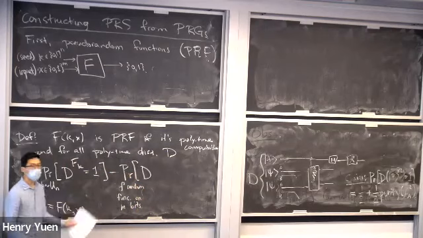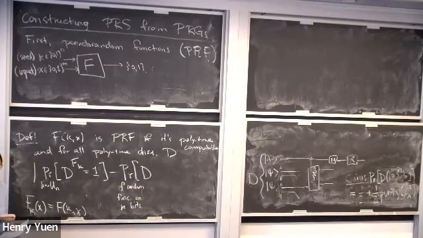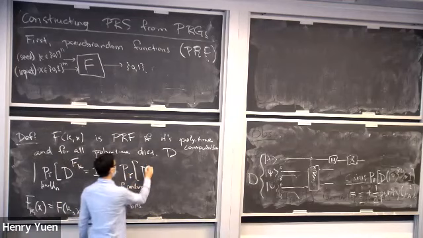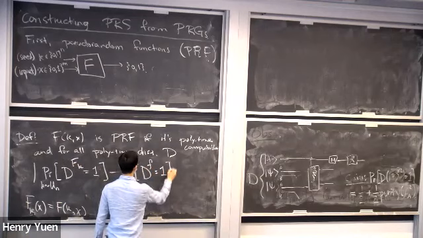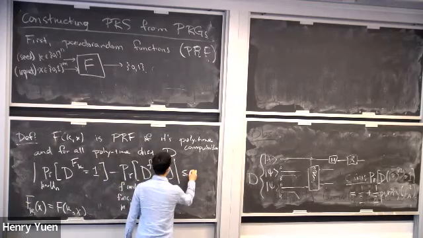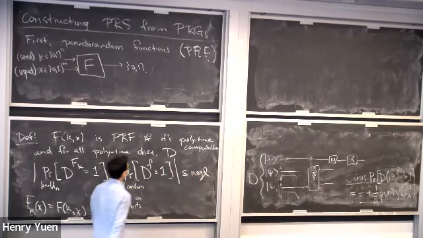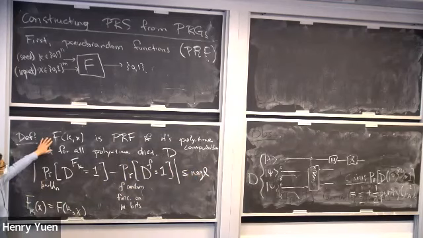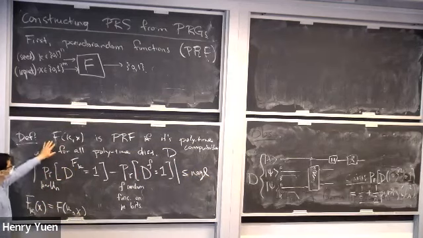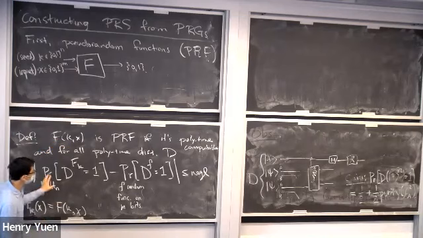This little f also takes in x's, but it has nothing to do with the capital F. It's just a completely uniformly random function. So this capital F is a PRF if, when you choose K at random, you can't tell the difference between them.